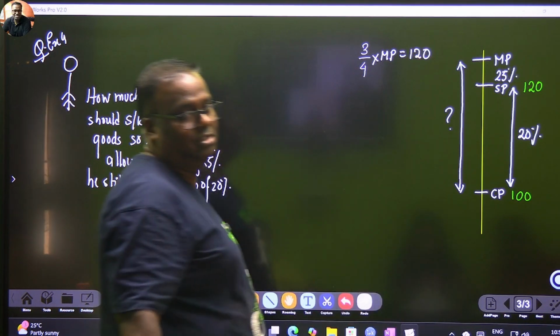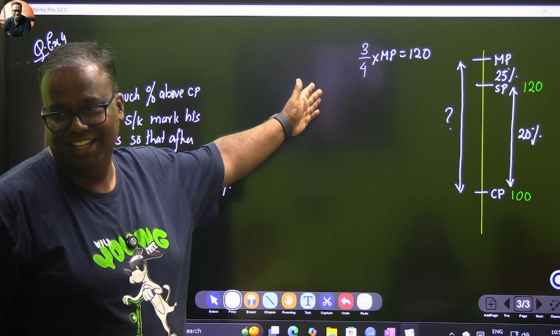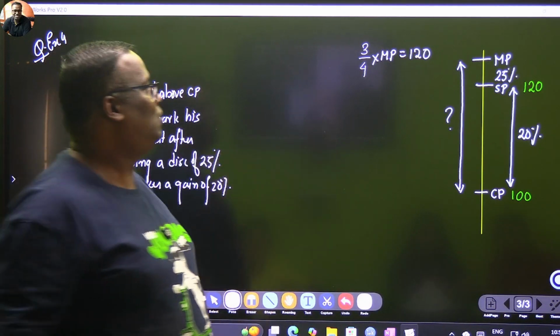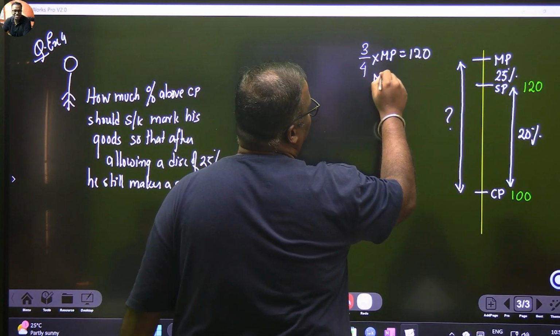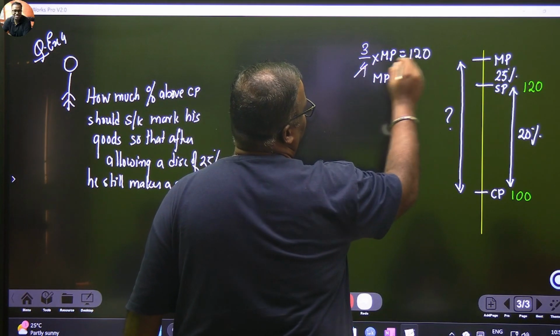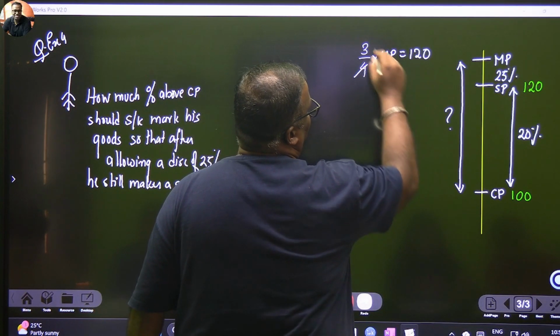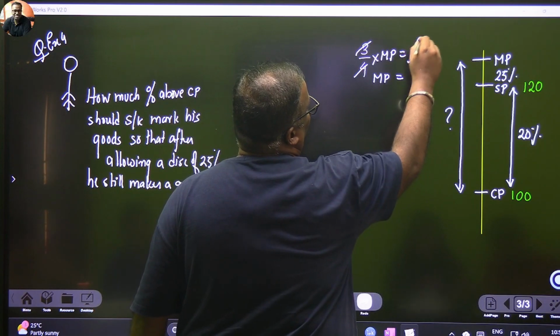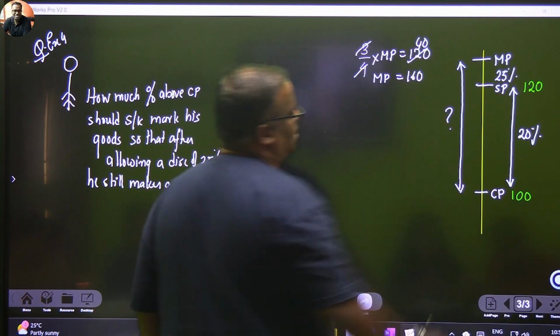We can say that, huh? This is the easiest, I think. So the mark price becomes how much? 3/4 are 12, 40, 160.